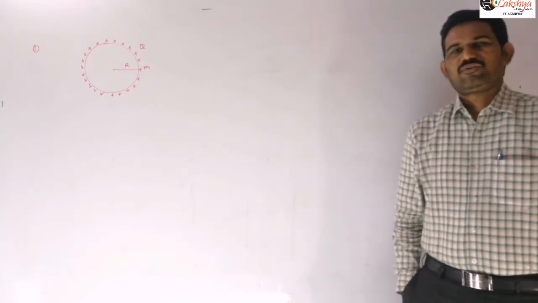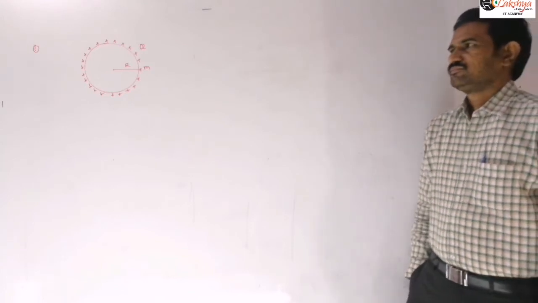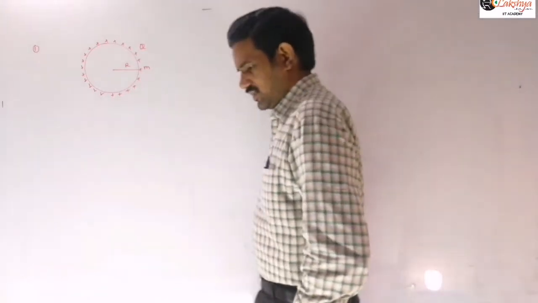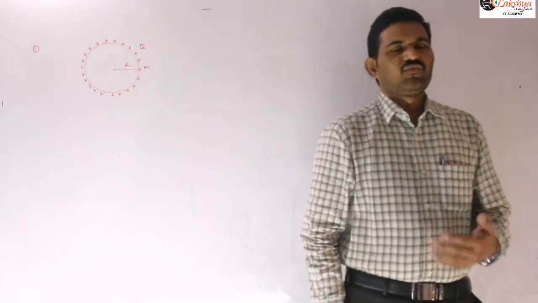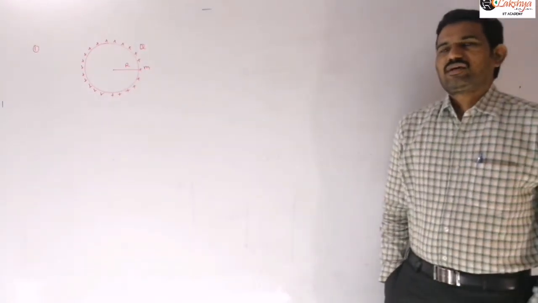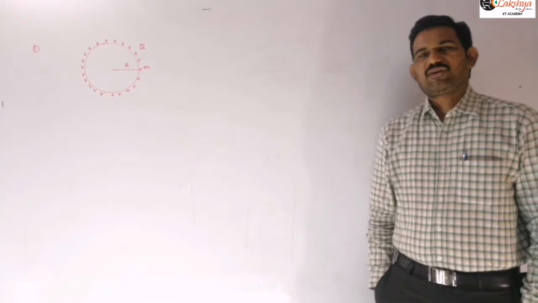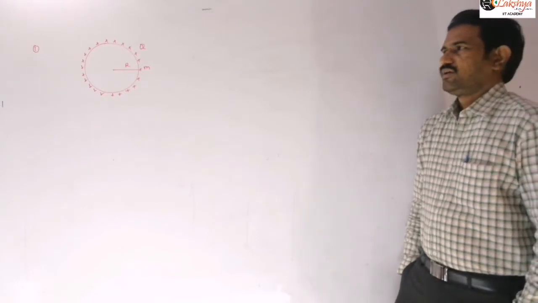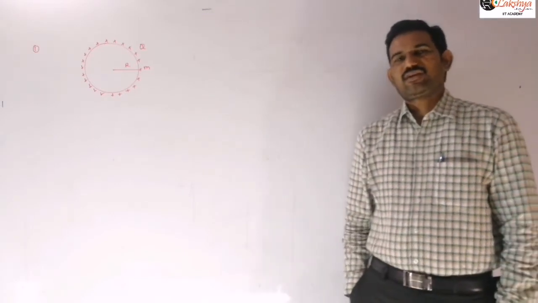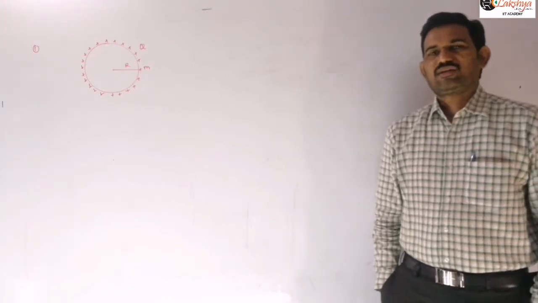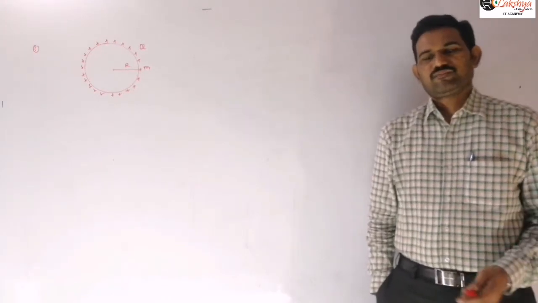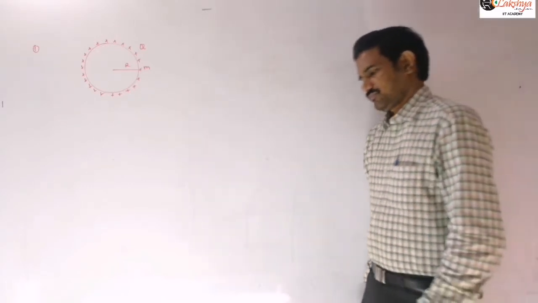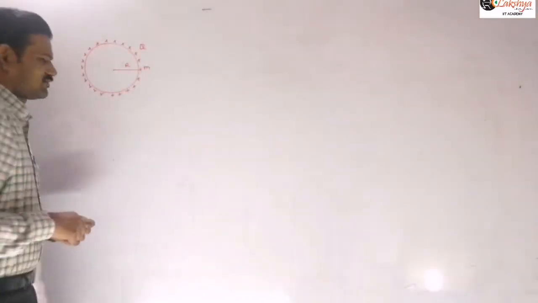When the ring is rotating about its own axis with angular velocity omega, find the ratio of magnetic moment to angular momentum.